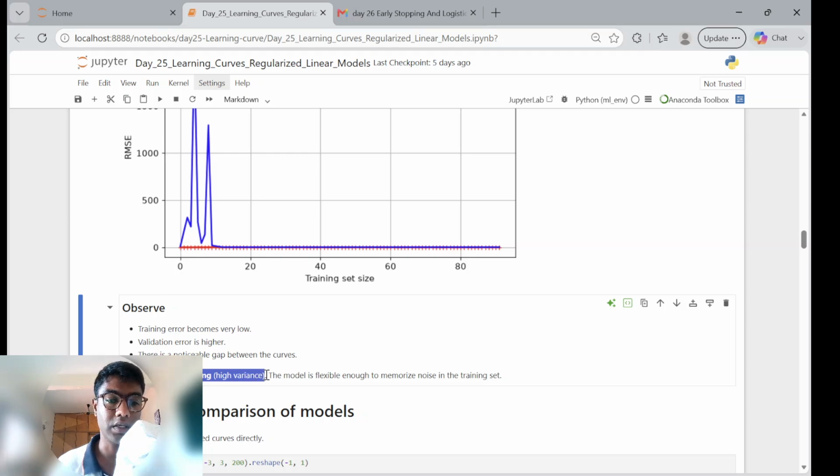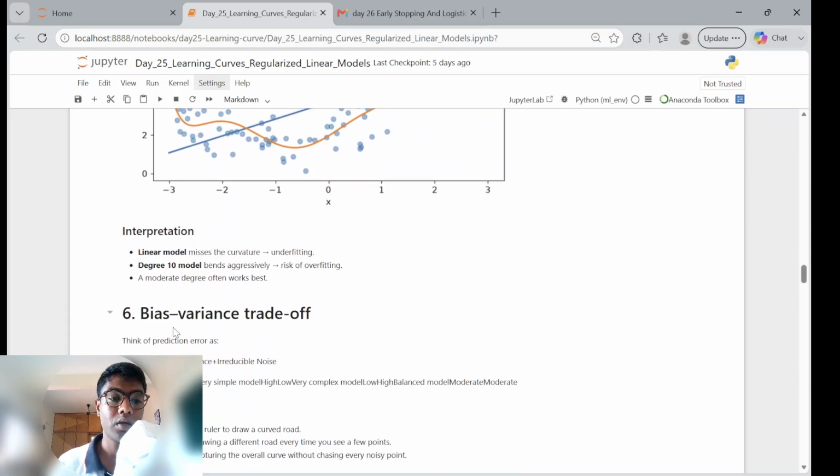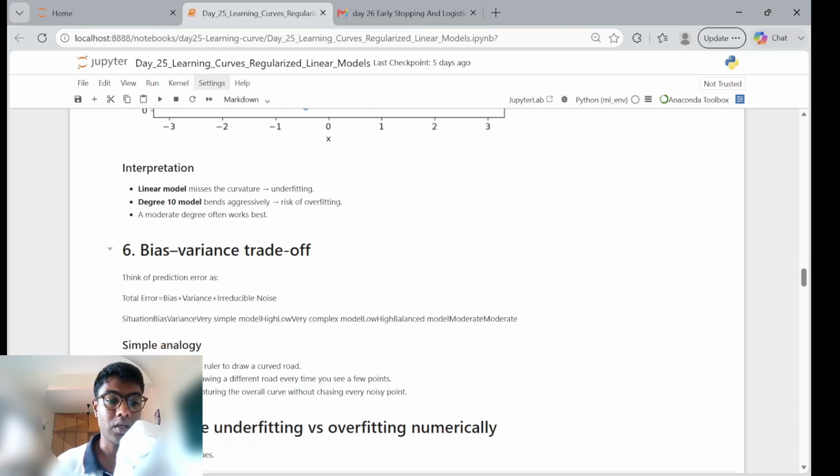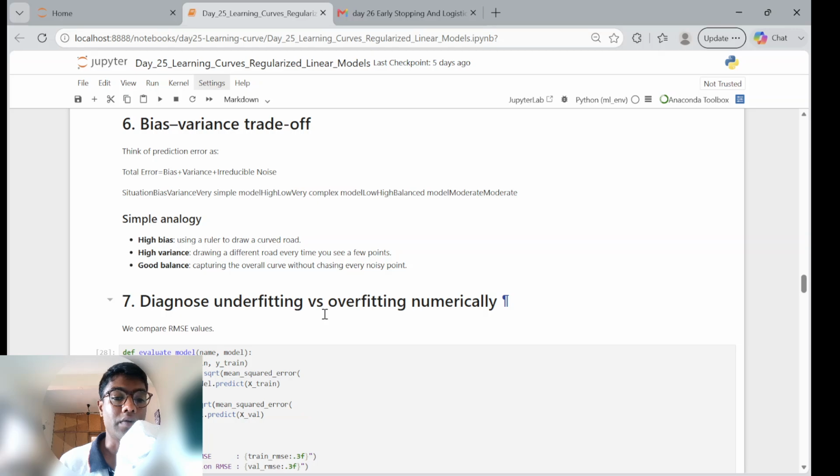So this is a clear example of overfitting. We might need a bias and variance trade off, where we have a good balance capturing the overall curve without chasing each and every data point. So there's always a good balance between overfitting and underfitting.